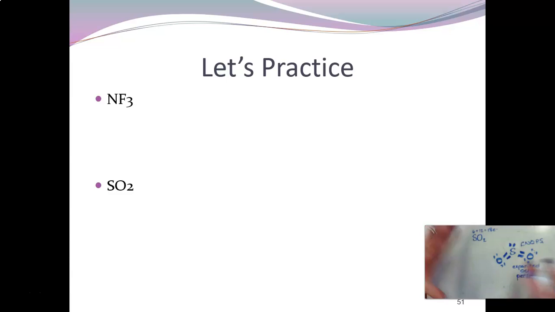So now we've got to check the molecule. Our 2 checks. Is there a lone pair on the center atom? Yeah. So this molecule is polar. I can stop right there. So let's look at bond polarity. We're going to have the sulfur-oxygen bond.